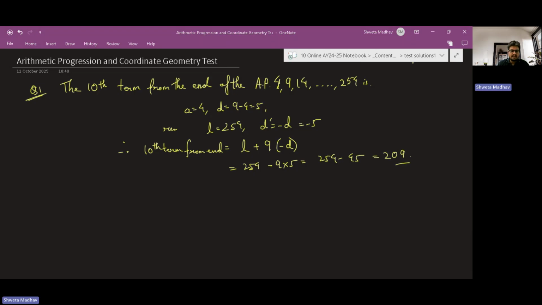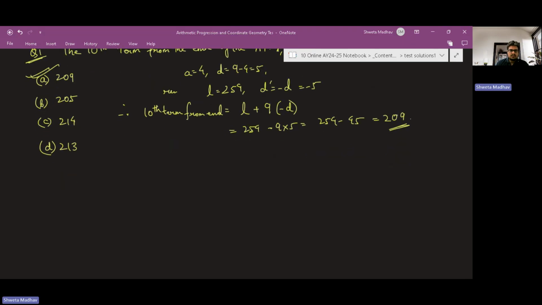The options were given as 209, option B was 205, option C was 214, and option D is 213. So obviously the answer is 209, so option A is the correct answer.